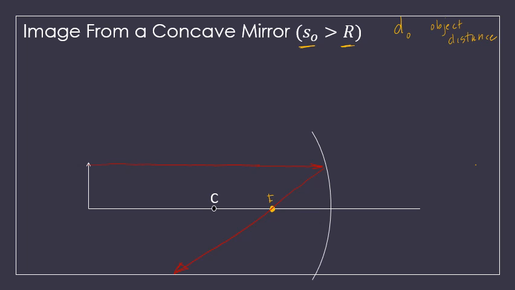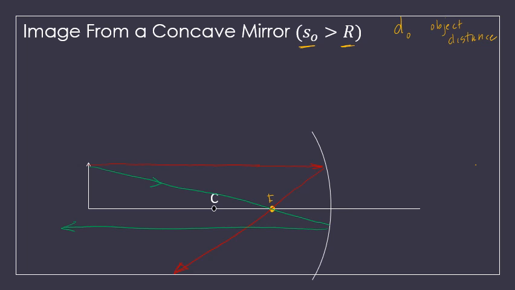Make sure to draw the arrows because you're going to put a lot of lines on here, and it's important that you know which one is the incoming and which one are the reflected. The reflected rays are going to tell you where the image is. Okay. Then I'm going to go to the focal ray, and the focal ray goes through the focal point and then gets reflected parallel to the principal axis.